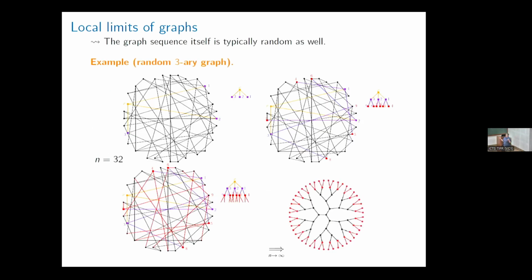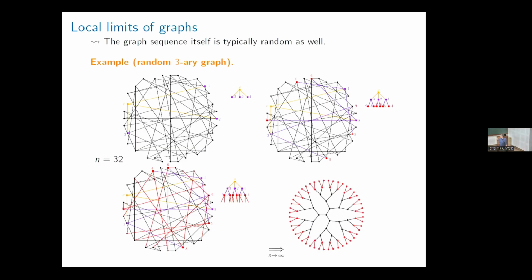But of course, what we are mainly interested in will be the weak local convergence if also the sequence of graphs is random. So here's an example of a configuration model, like the random 3-regular graph. In the random 3-regular graph with an increasing or diverging number of vertices, you first of all pick the root uniformly, but no matter what you do, the root will have 3 children by default.